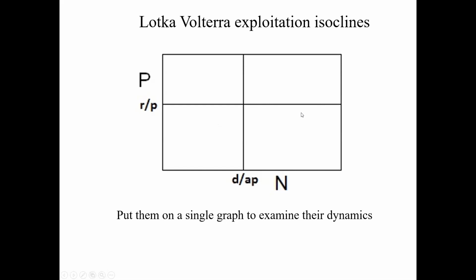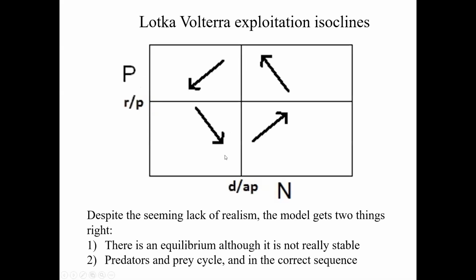You go up. If you cross this isocline, now you have too many predators and the prey have to decrease, but the predators are still increasing. So you go this way, this way, this way, and this way. And you get stable limit cycles.